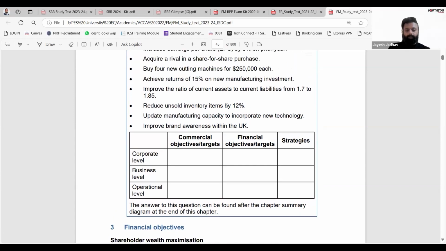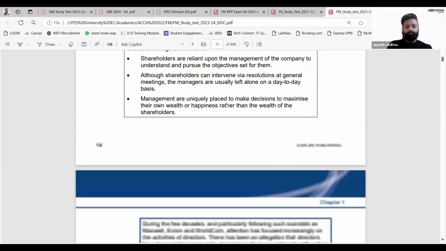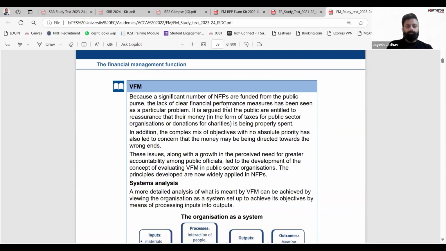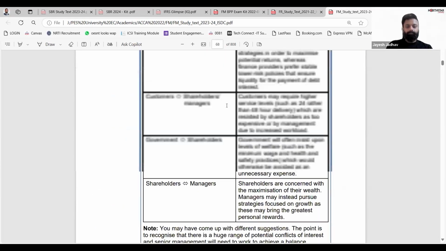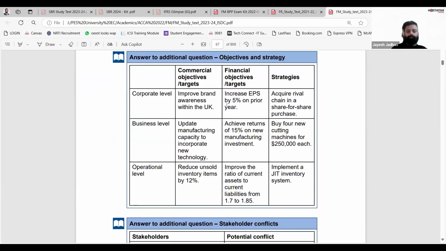The answer to this question can be found in the chapter summary. So let's go to the chapter summary. Okay, that's our rubrics. Check if we were correct on most of it. Acquiring a rival definitely was a strategy.